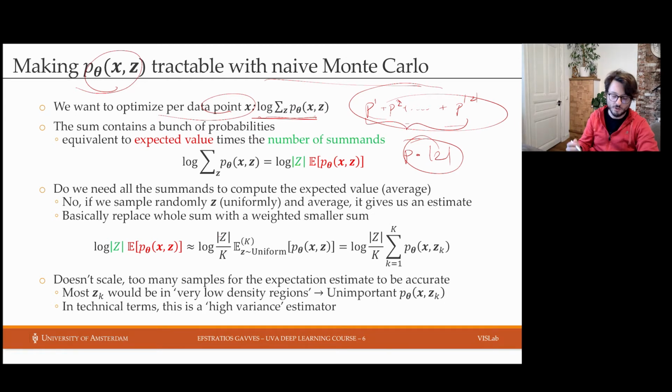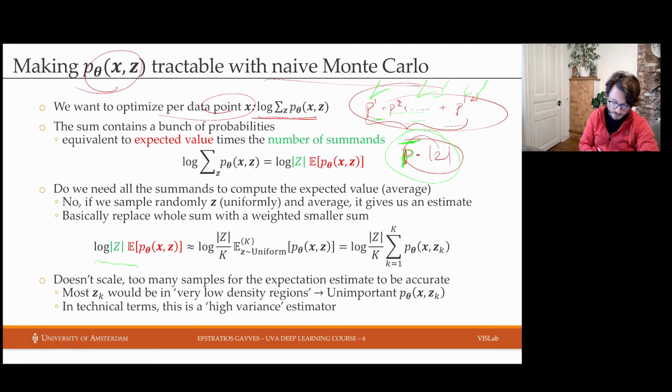So the idea with the naive Monte Carlo is that instead of computing the average, P bar here, using a very high number of combinations of Z, we can sample a few, let's say 1, 2, 3, 4, 10, compute the average, and then estimate the final sum, of course taking into account that currently we use only a smaller set of items to compute the average.